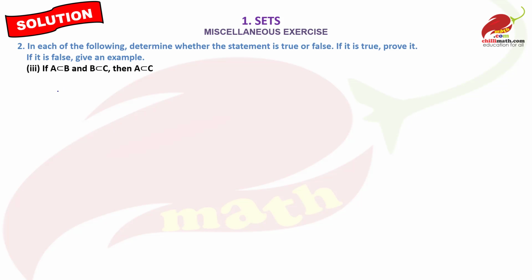Third part is, if A is subset of B and B is subset of C, then A is subset of C. Yes, this is true. Why?